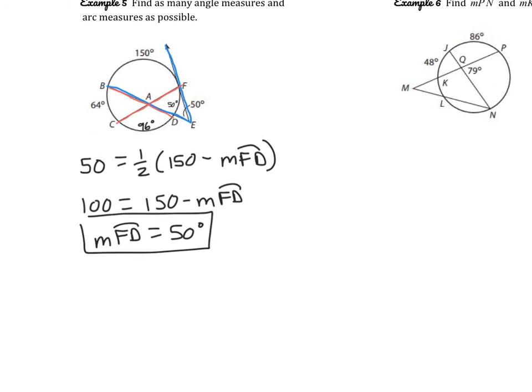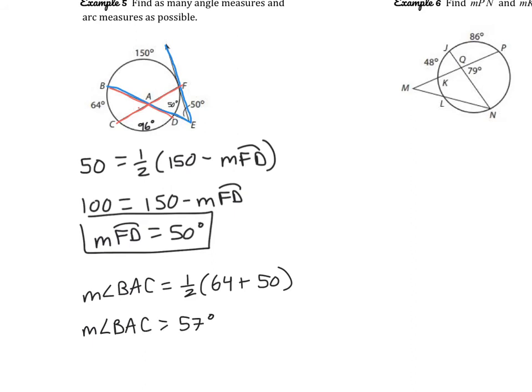So here we know that the measure of this angle in the middle, angle BAC, is going to be 1/2 times, again, the sum of BC and FD. So 64 plus 50. And that gives us the measure of angle BAC is equal to 57 degrees.